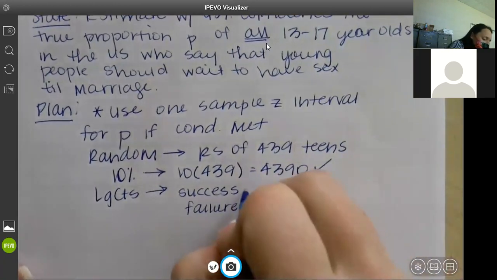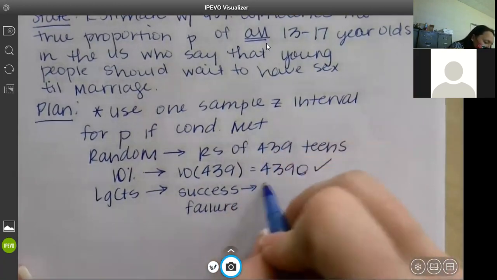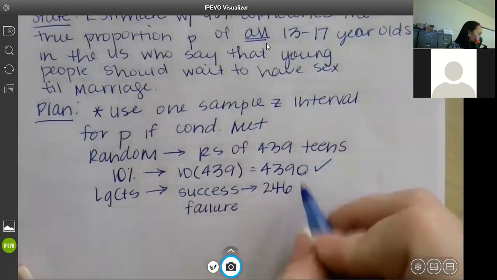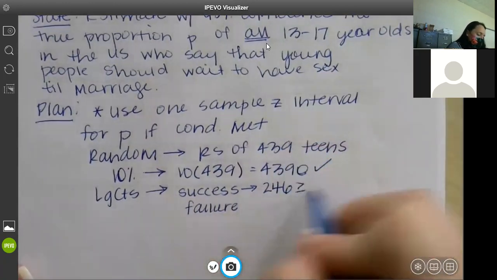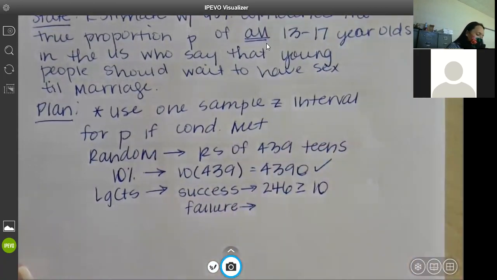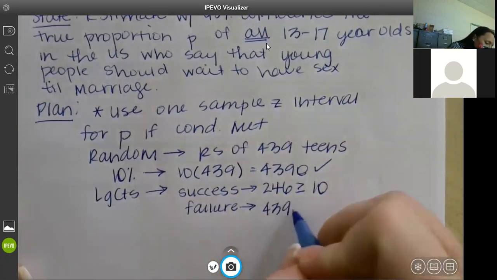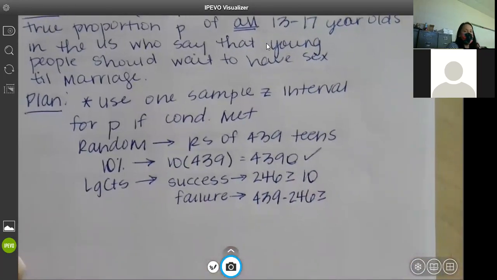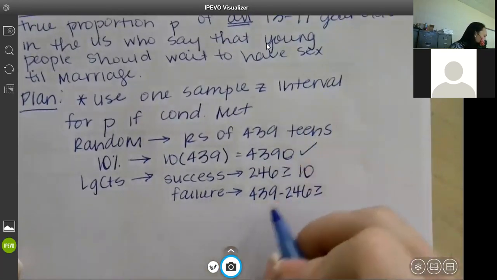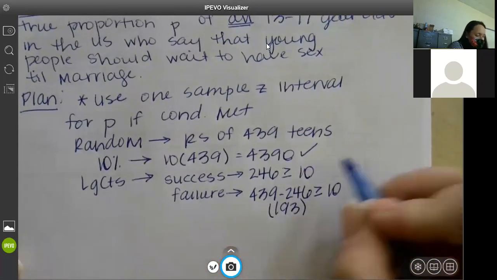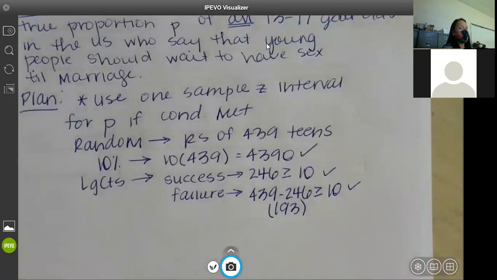So your success is going to be the 246. That is greater than or equal to 10. Your failure, how do you get your failures? Sample size minus your success. And that number was 193. Is greater than or equal to 10. So we're good to go on the large counts.